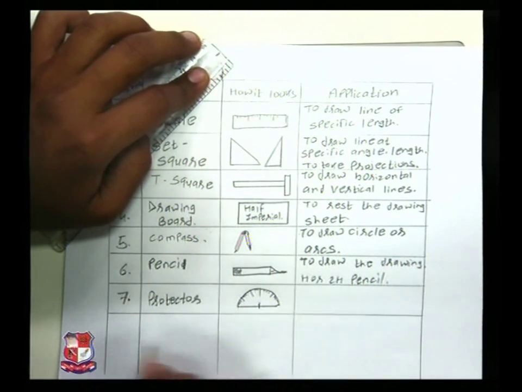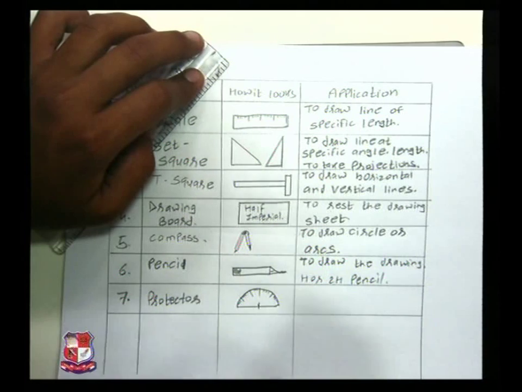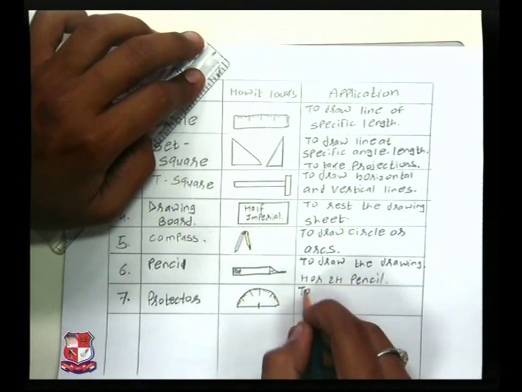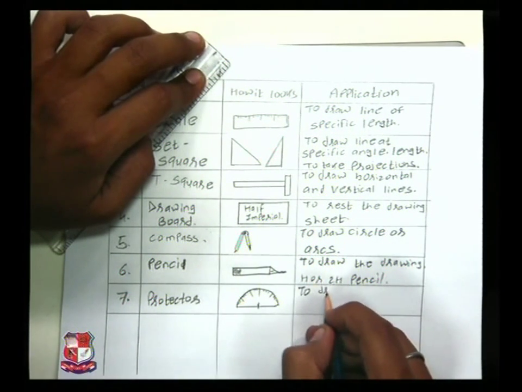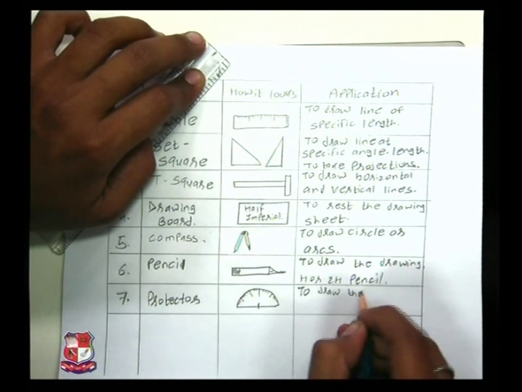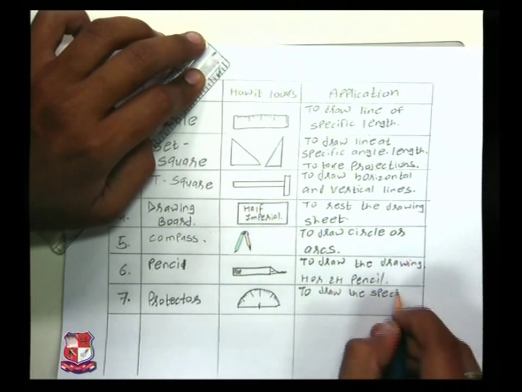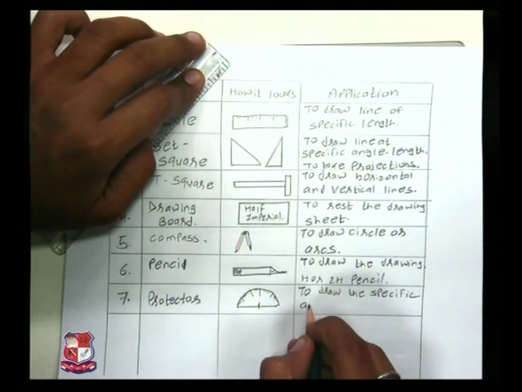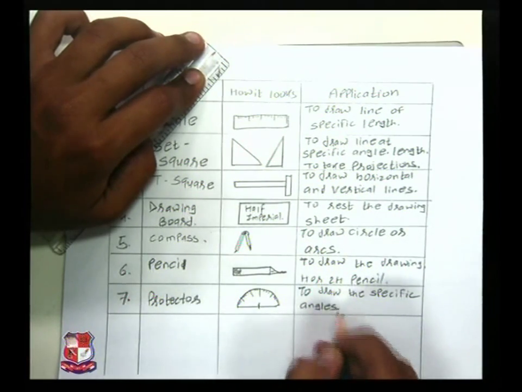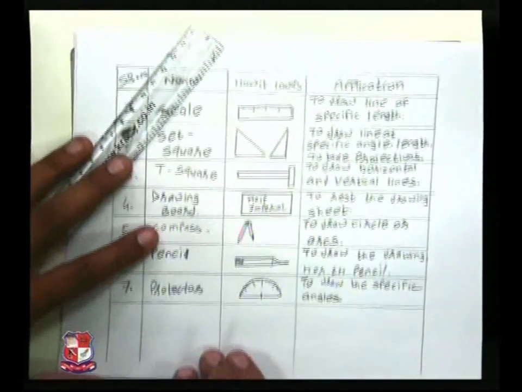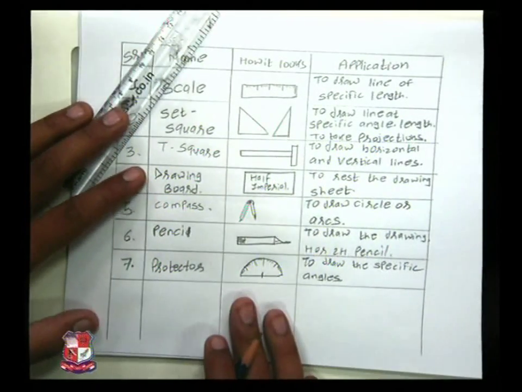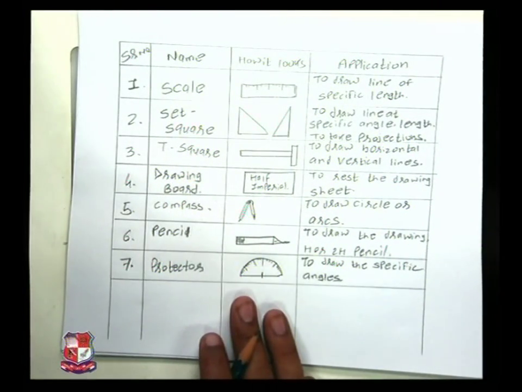In the middle of this, there is a square like this. We are using the protractor to draw specific angles. If we want any sort of specific angle, we can use the protractor.